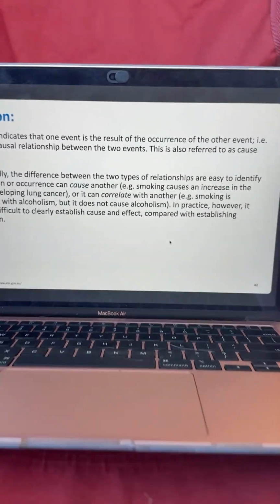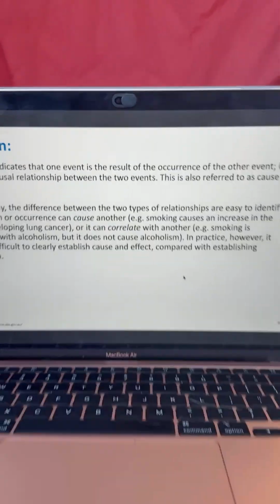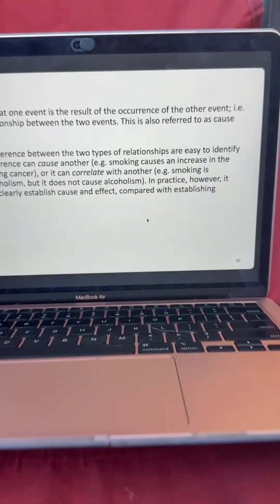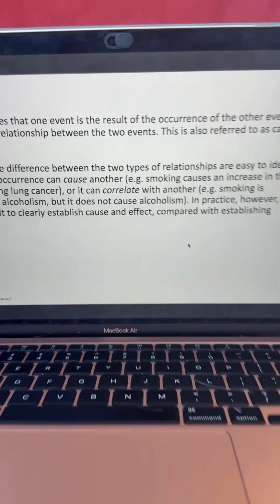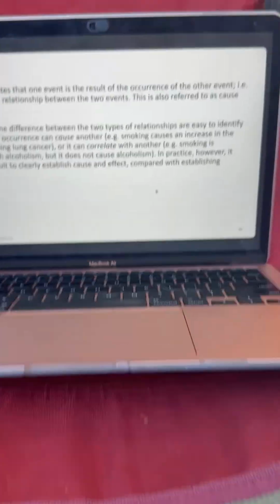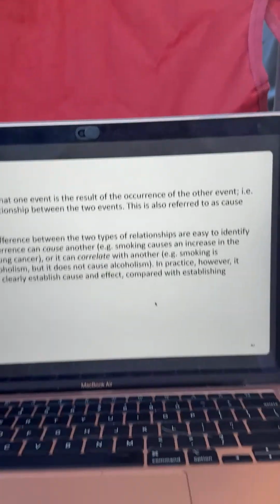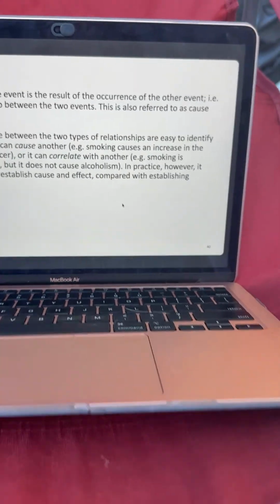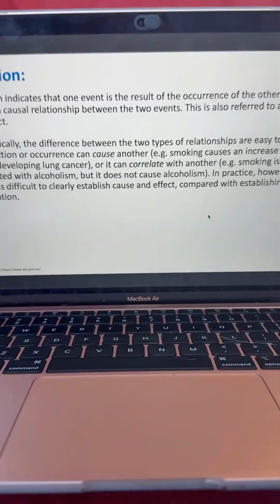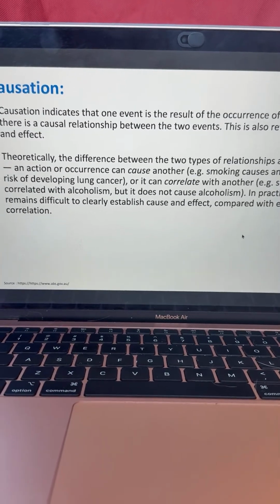An action or occurrence can cause another, for example, smoking causes an increase in the risk of developing lung cancer, or it can correlate with another, for example, smoking is correlated with alcoholism, but it does not cause alcoholism. In practice, however, it remains difficult to clearly establish cause and effect compared with establishing correlation.